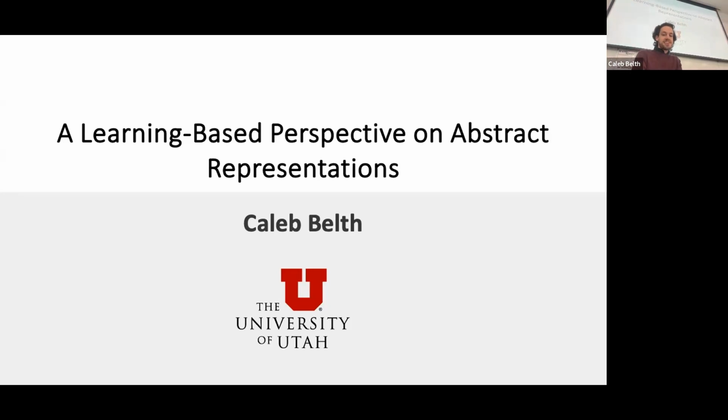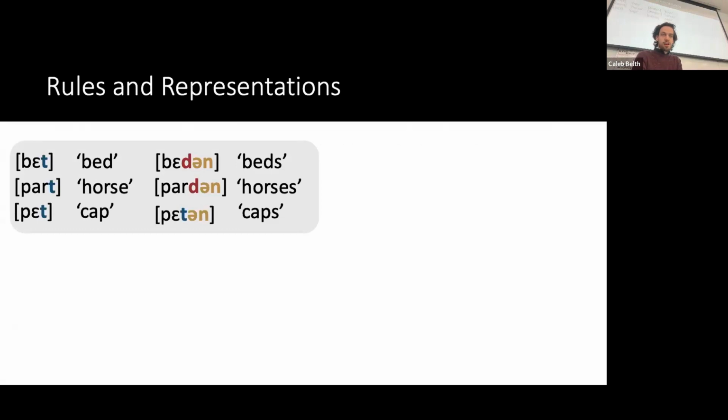All right, so I'm going to start this talk with a couple pretty simple morphophonological analyses, hopefully aided by some color coding. So I'll start with one from Dutch, where I've got 3 different nouns in both the singular and the plural form.